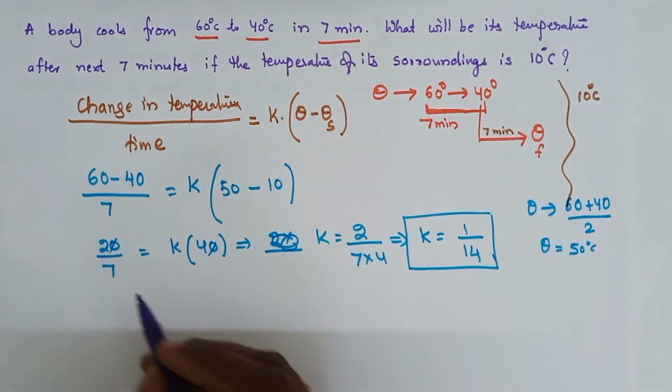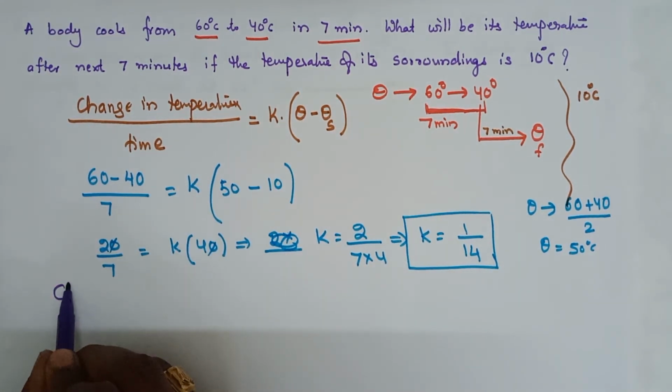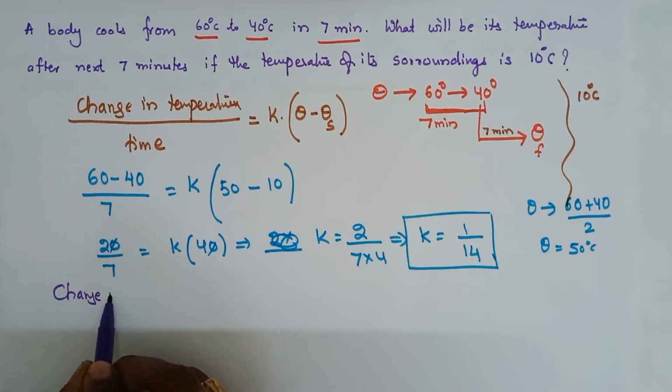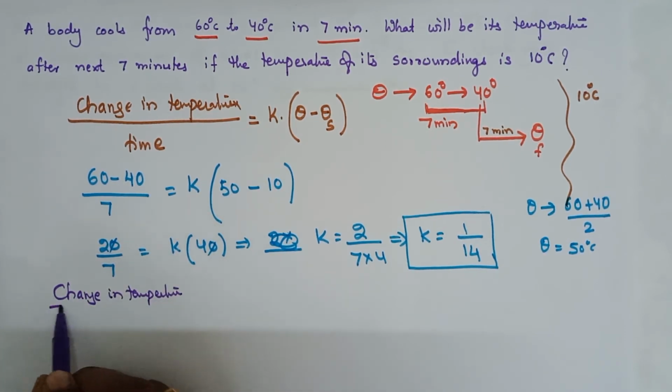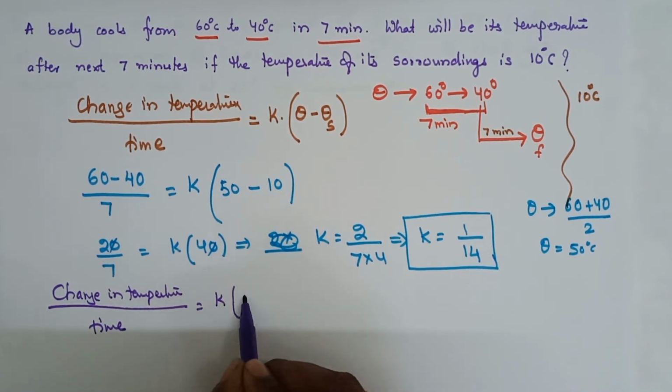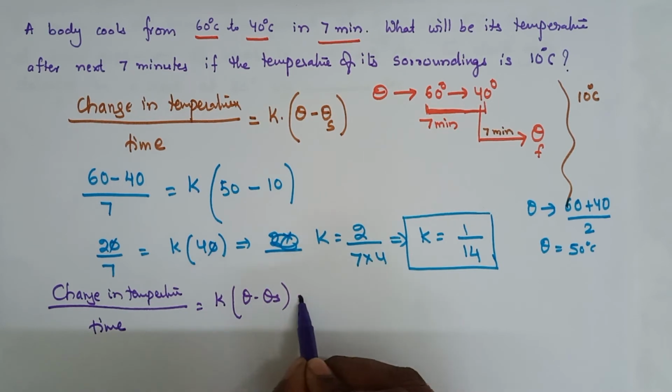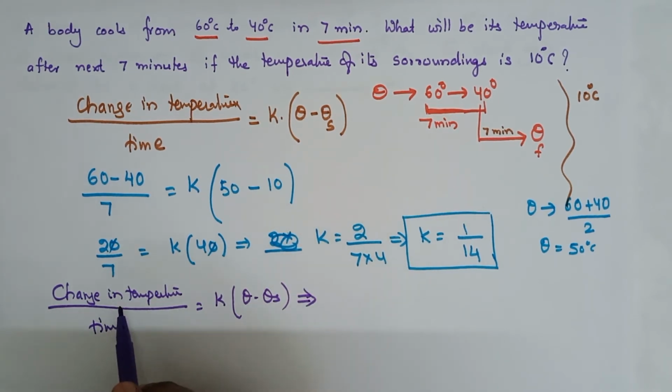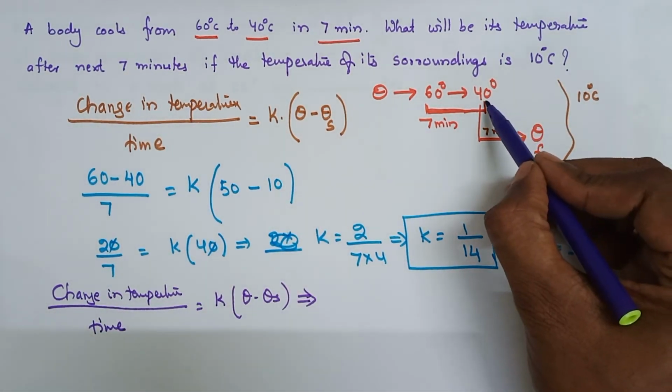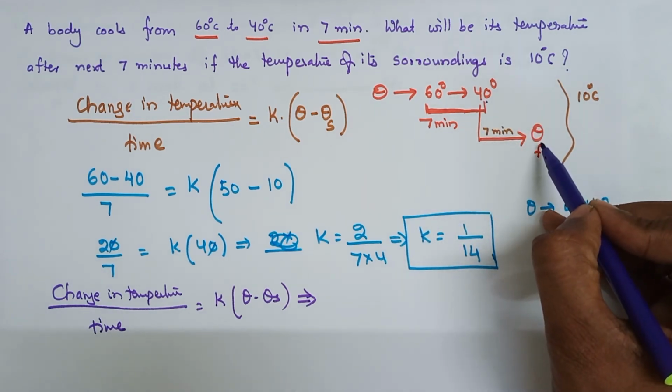Again we write the same formula: change in temperature by time is equal to k into theta minus theta s. What is the change in temperature? This is temperature 40, and the final temperature we don't know.